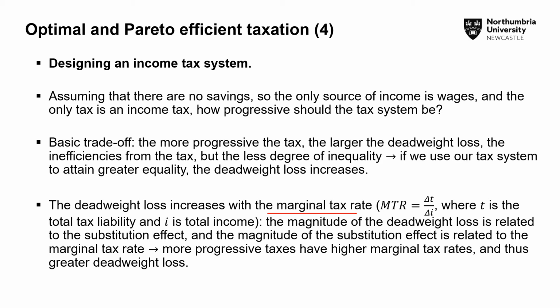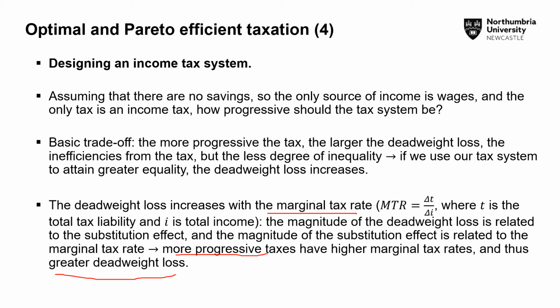So more progressive taxes have higher marginal tax rates and thus a greater deadweight loss. That is the idea of progressive taxes, that as you earn more, you pay more. So hence the marginal tax rate is greater in a progressive tax system, as those in a higher income bracket pay more in terms of taxes.